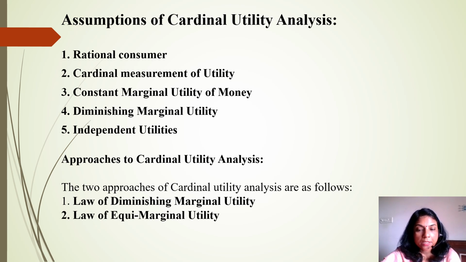Diminishing marginal utility: when you consume more and more of a product, your satisfaction level decreases. Independent utilities: the satisfaction derived from one product is independent of the satisfaction derived from another. There are two approaches of cardinal utility analysis: the law of diminishing marginal utility, and the law of equimarginal utility.